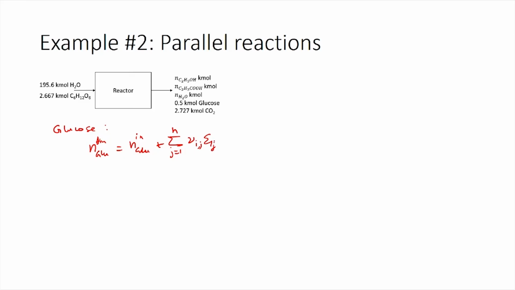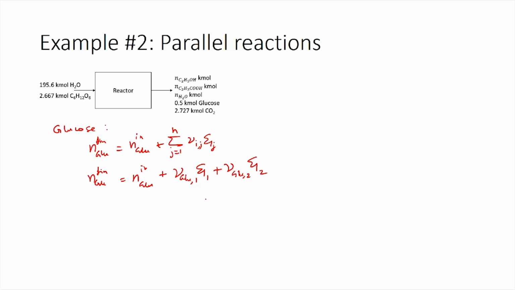Glucose takes part in both the reactions, which means this equation becomes N glucose final is equal to N glucose initial plus the stoichiometric coefficient of glucose in the first reaction times the extent of reaction for the first reaction, plus the stoichiometric coefficient of glucose in the second reaction times the extent of reaction for the second reaction. The stoichiometric coefficient of glucose in both the reactions is 1, and we know the number of moles of glucose in the final and initial conditions.